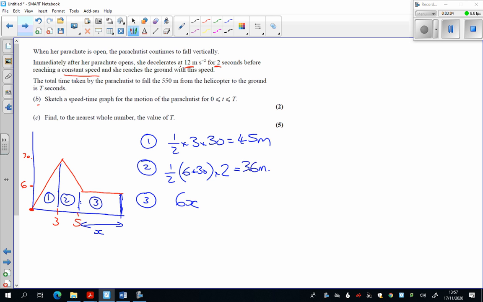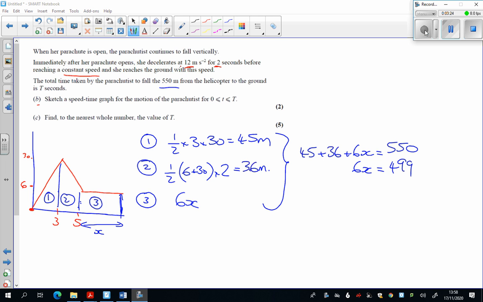And then area 3, well, area 3 is from here to here, so let's just call that x, times by the height there, which is 6. So I've got 6x for the area there. And the total of all of these areas, 45 and 36 and 6x, they tell us it's 550 meters.